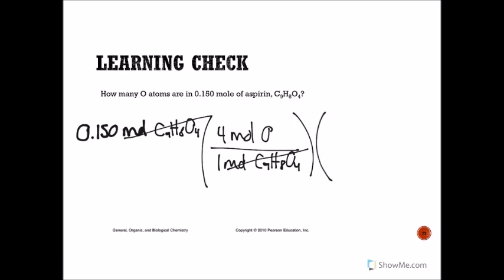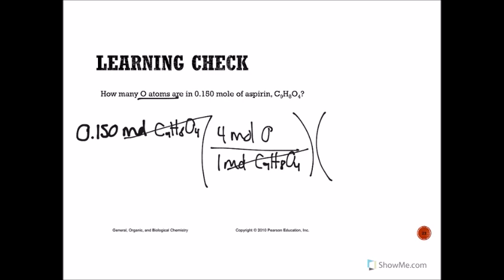And then we know we need to convert it to atoms because this question isn't asking us how many moles of oxygen we have. It's asking us how many oxygen atoms. And whenever we want oxygen atoms, we know we're going to need to use 6.02 times 10 to the 23 atoms per mole.